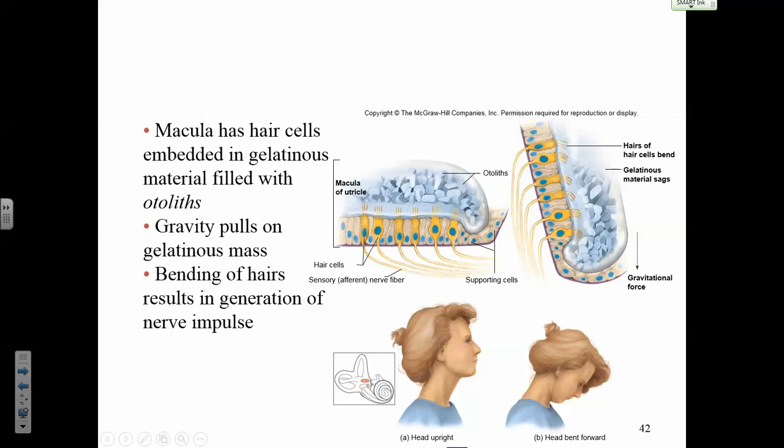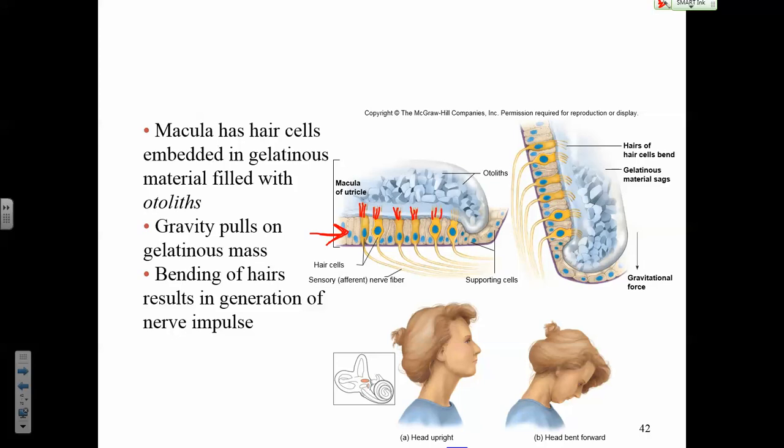But what you're seeing on this picture is a detailed view of what a macula looks like, and it is one of the coolest organs. See how it's in the wall? There's the epithelium, highlighted in red there. Do you see how the receptor cells are embedded in that? They're called hair cells, and they have these cilia-like structures on them.